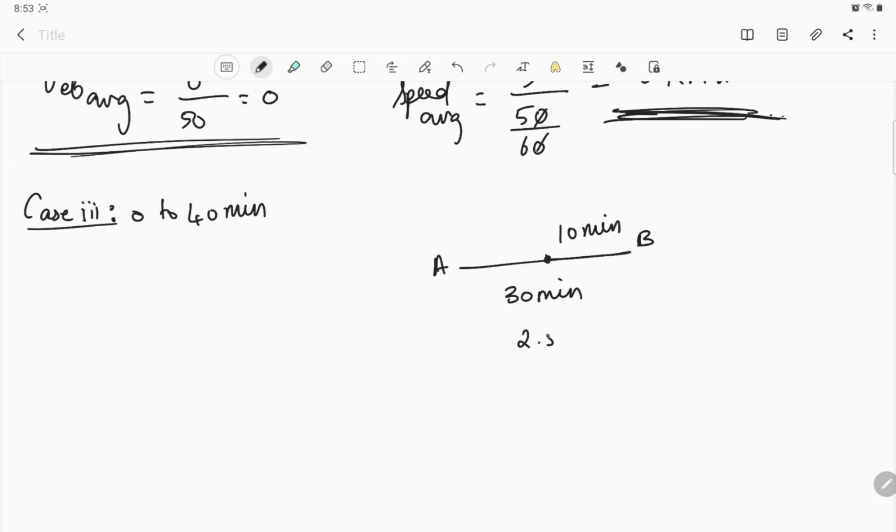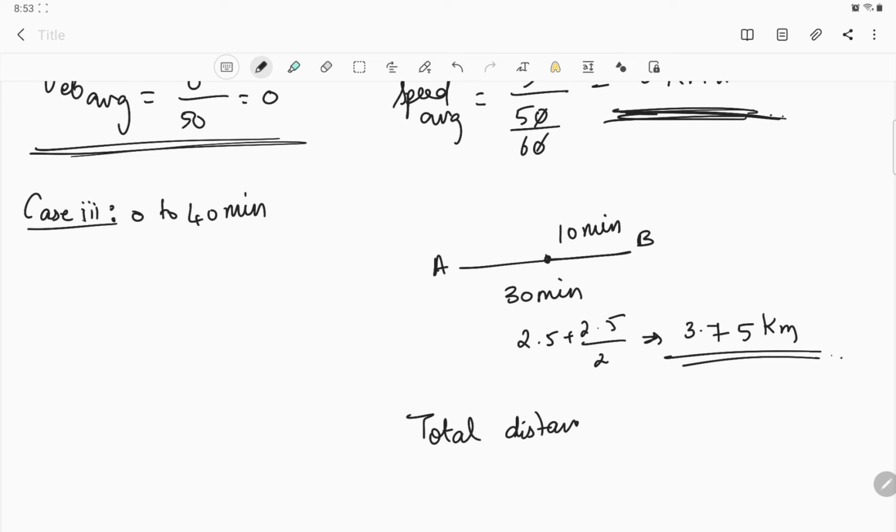So it is going to be 2.5 plus 2.5 by 2, which is going to be 3.75 kilometers. Okay, so 3.75 kilometers is the total distance. So I'll write here total distance is equal to 3.75 kilometer.